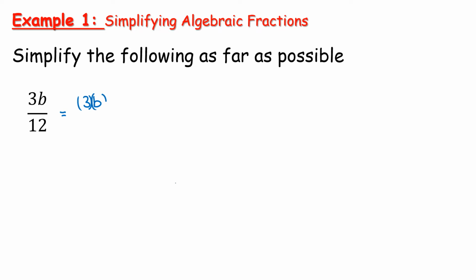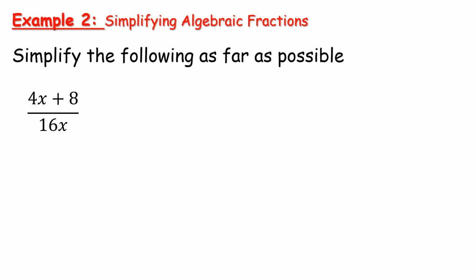We can do 3 times b, but we know that 3b means 3 multiplied by b. 12 can be split into 4 by 3, so that's its factors. We have a common factor of 3 above and below the line, and that simplifies to b over 4. So that's very similar to what we were doing. Yes, there's a b there, but it's not really getting involved, it's not really doing anything.